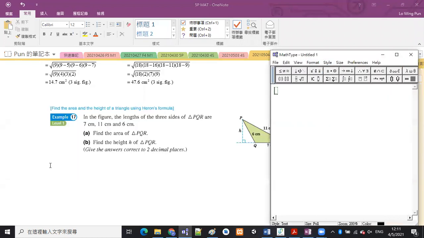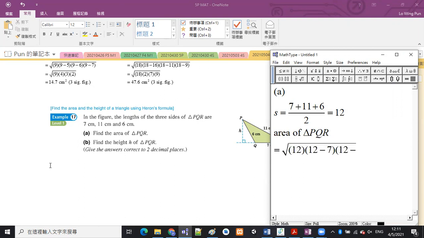So in part A, S is equal to 7 plus 11 plus 6 divided by 2, which will be equal to 12, right? Yes, okay. And then the area of triangle PQR will be equal to the square root of 12 times 12 minus 7, 12 minus 11, 12 minus 6, which will be 12, 5, 1, and 6.